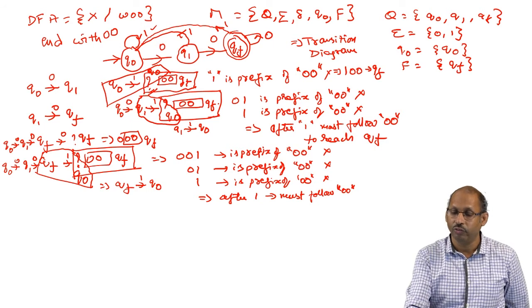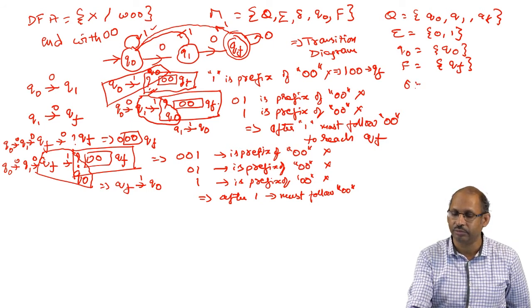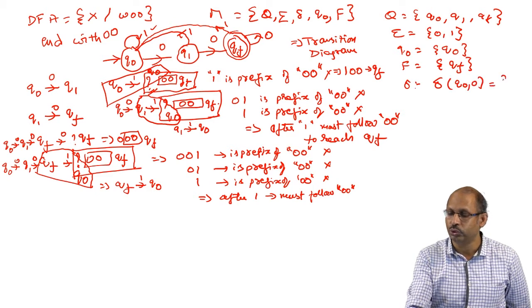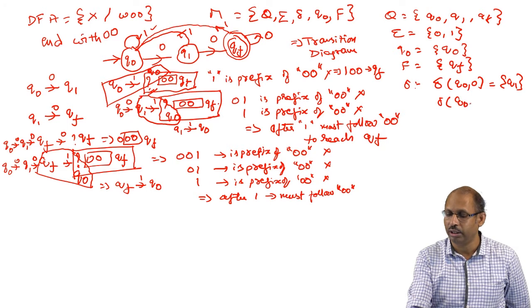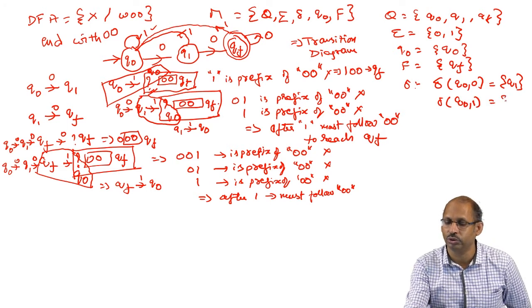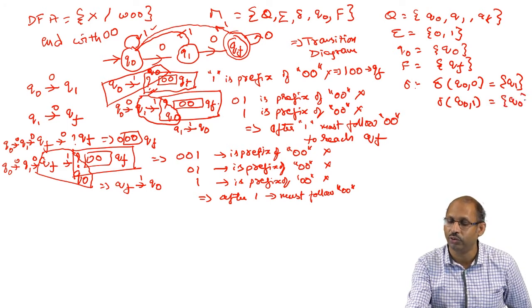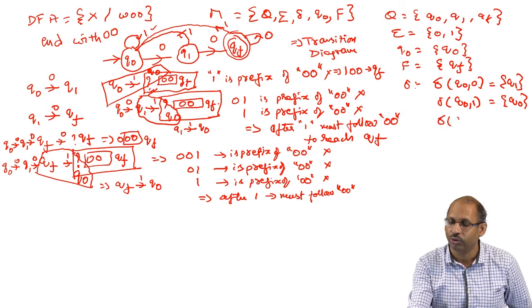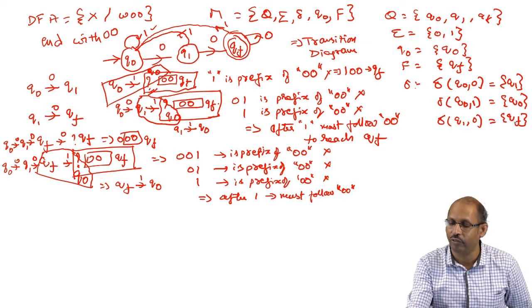Then, what are the transitions? Q0 on 0 goes to Q1. Q0 on 1 goes to Q0 only. Q1 on 0 goes to QF.